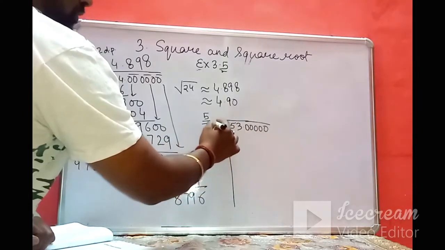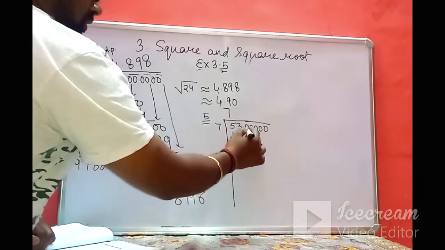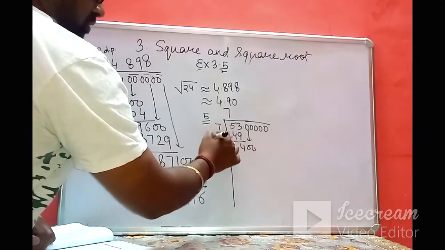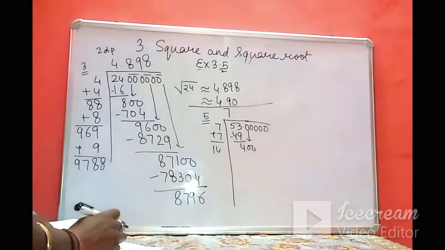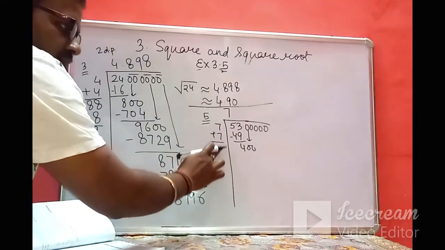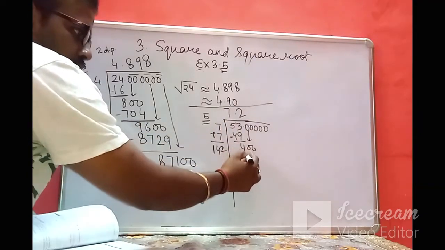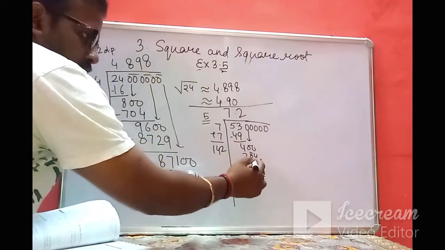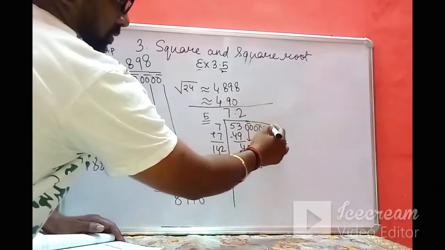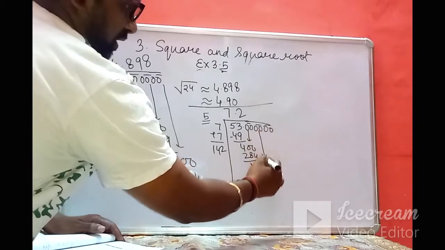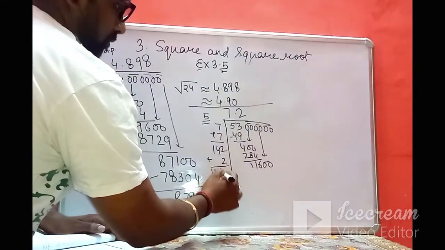The nearest square to 53 is 7, 49, 4, then this pair will come down, plus 7, 14, then 2, 284, so 116, then one more pair will come down, plus 2, 144.